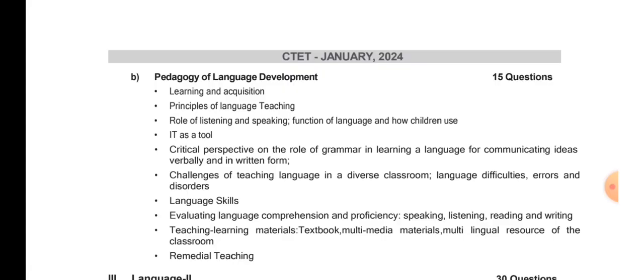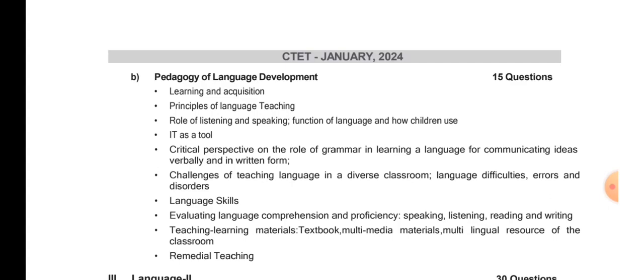Now, role of listening and speaking, function of language, and how children use it. We have four language skills: listening, reading, writing and speaking. Which skill do we learn first? Of course, we listen first.